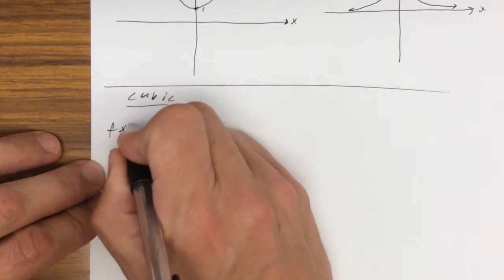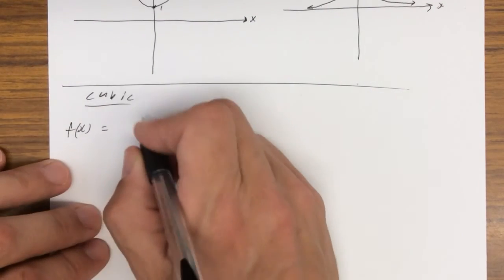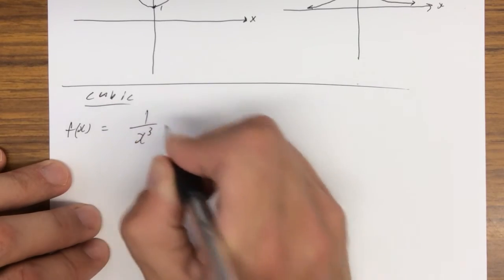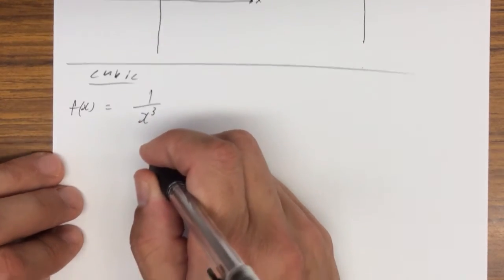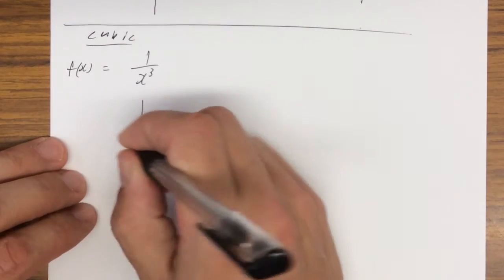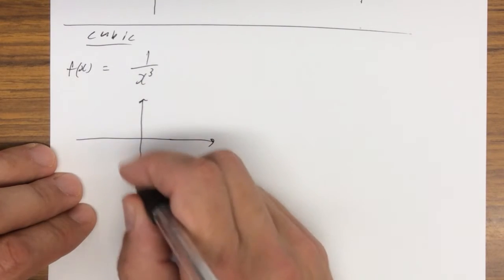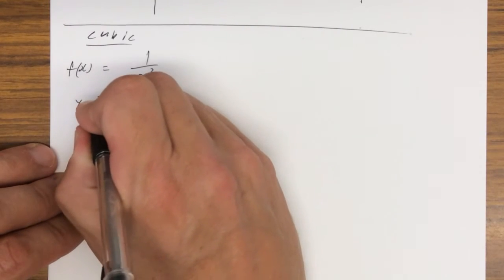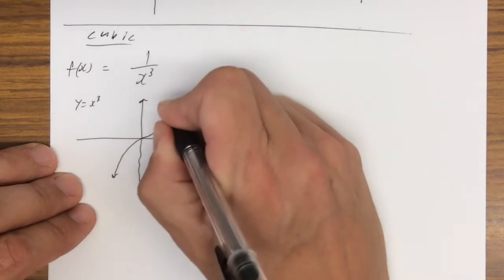F of x, let's say that equals 1 over x cubed. Well, 1 over x cubed will look a lot like 1 over x. So y equals x cubed is this.